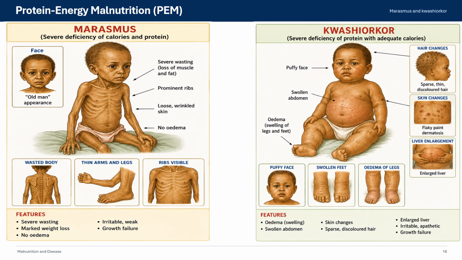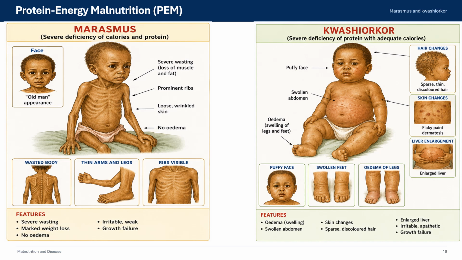On the other hand, kwashiorkor typical features include, one, edema, which can be swelling of the feet, legs, or face, or the abdomen. Another feature is sparse or discolored hair, flaky paint skin lesions, and enlarged liver.